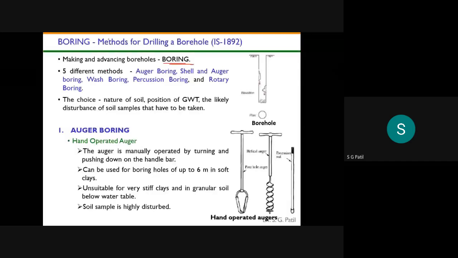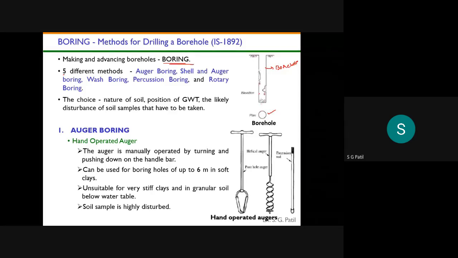Now coming to the borings. Again for borings there are 5 different methods. To make a borehole in the ground, this is the sectional elevation and this is the plan. In the plan it looks like one small hole.